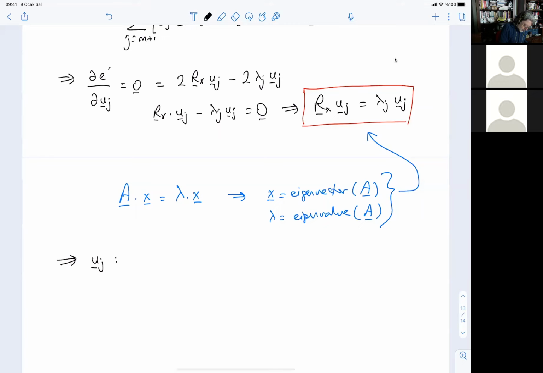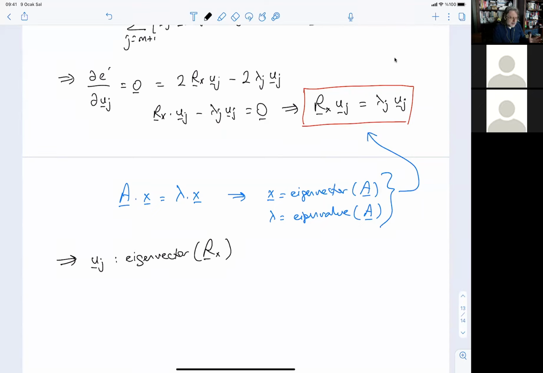Uj is an eigenvector of the Rx matrix. So the autocorrelation matrix's eigenvector is Uj. That's nice, because that's what we were looking for. What are the Ujs? They are eigenvectors of Rx.